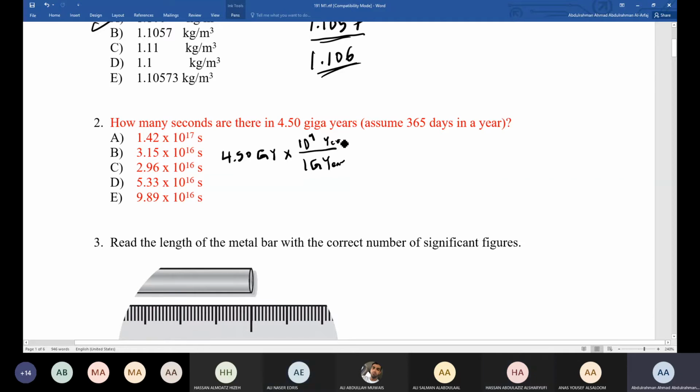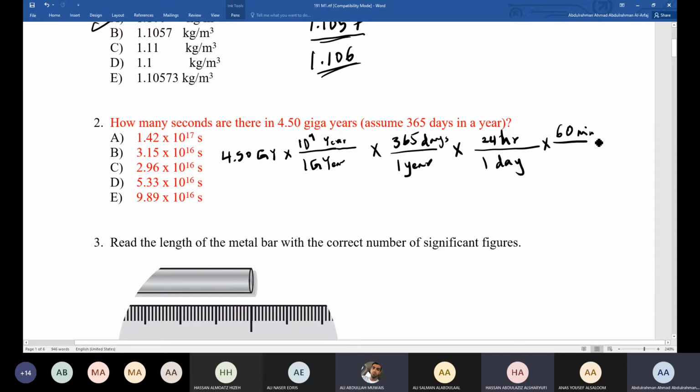Very good. Each year has how many days? 365. Each day has how many hours? 24. Each hour has how many minutes? 60.